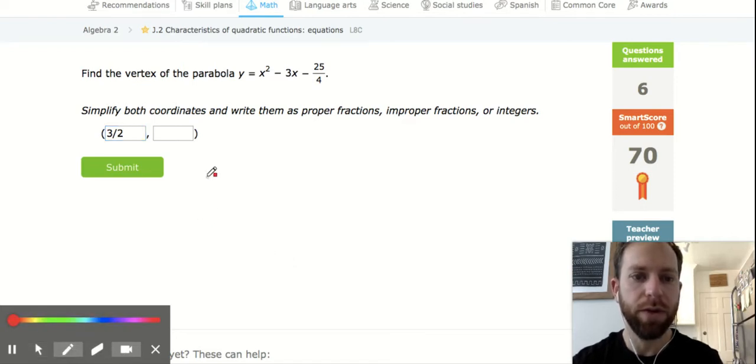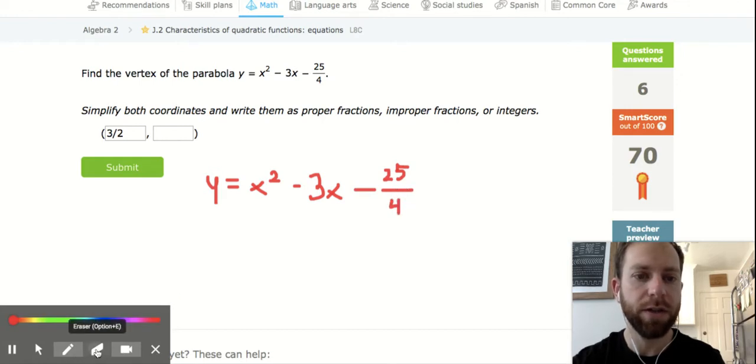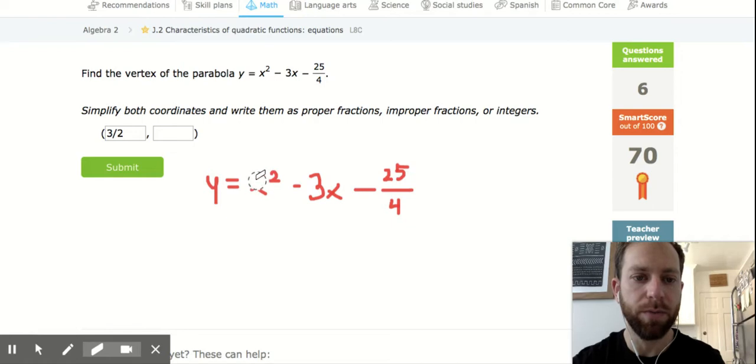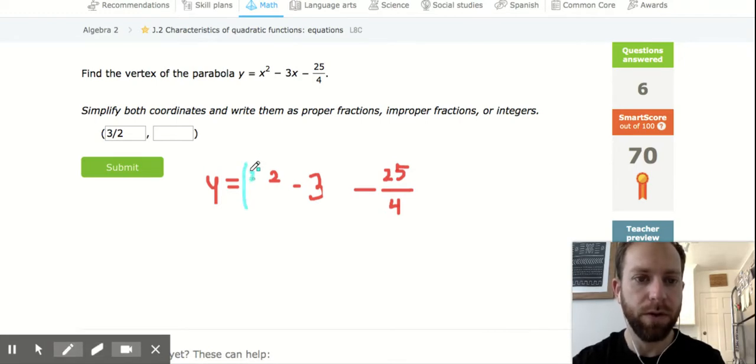So let's go ahead and write it out. Y equals x squared minus 3x minus 25 fourths. And then anywhere we see an x, we're going to replace it with 3 over 2. It's right there, and right there. So this will be a positive 3 over 2.